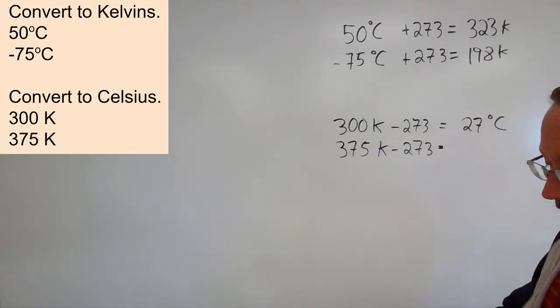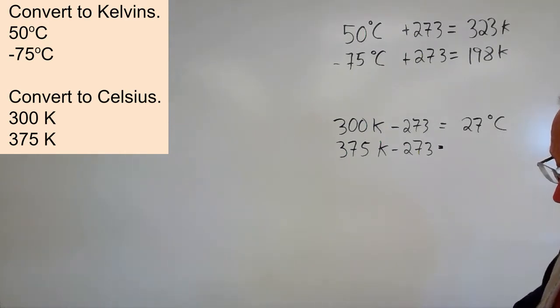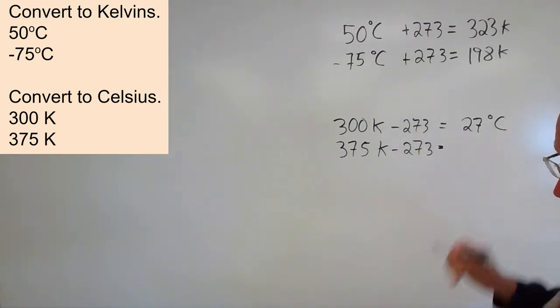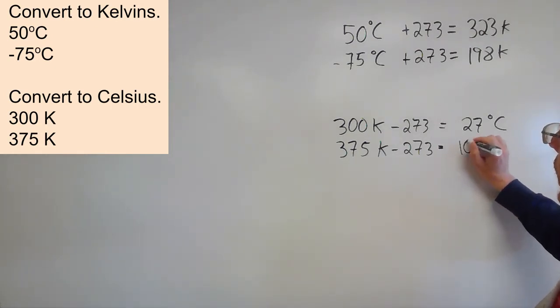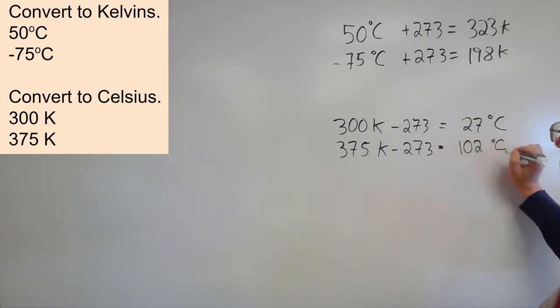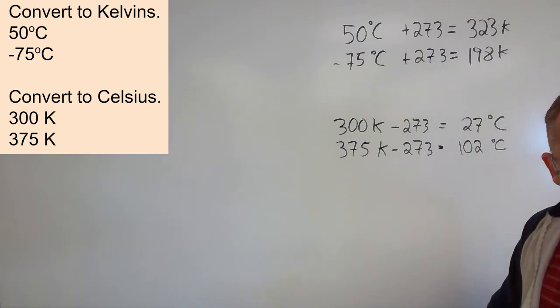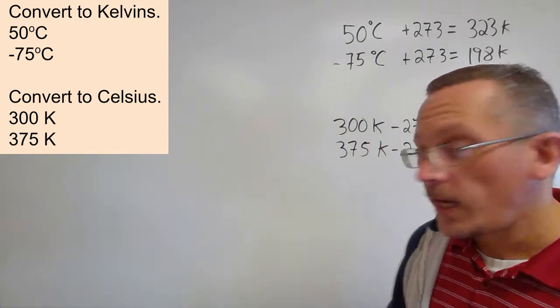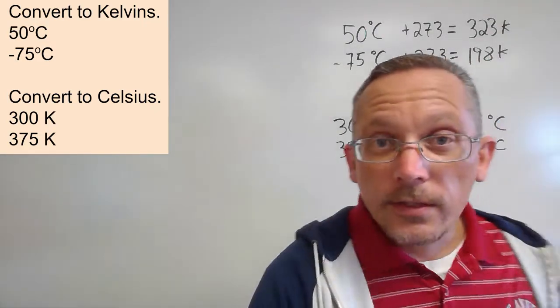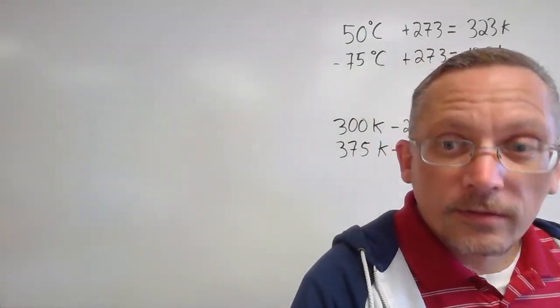And 375 minus 273 is going to give us 102 degrees Celsius. So there's a little bit of converting between temperatures. We're going to need to be able to do that as we use Charles' law. So let's go ahead and talk a little bit about Charles' law.